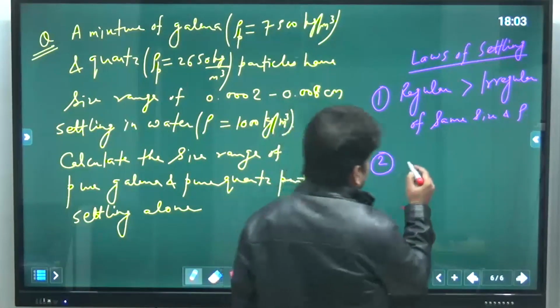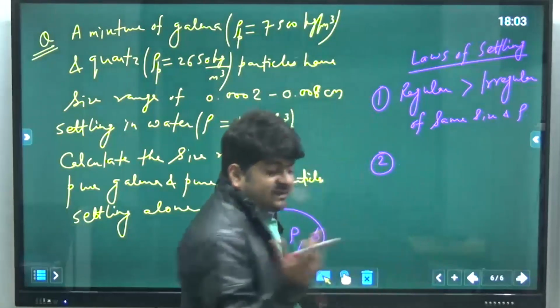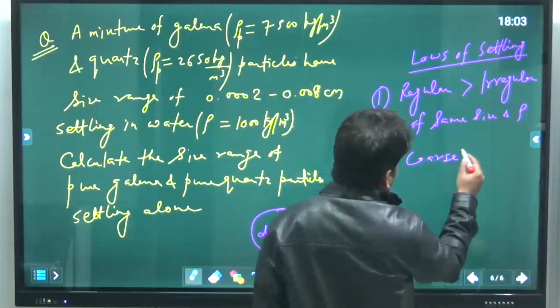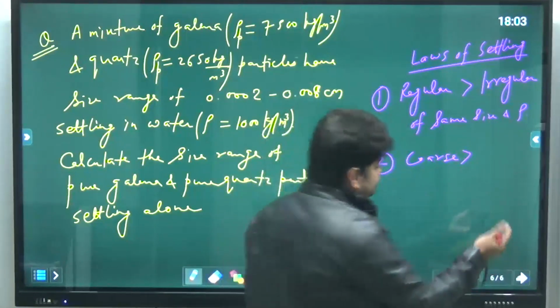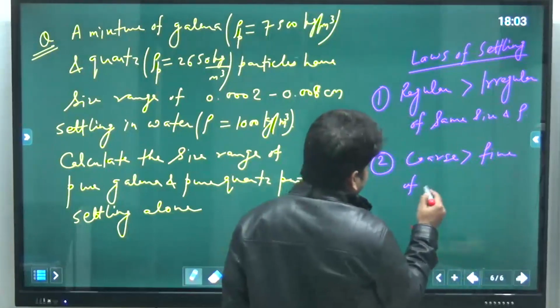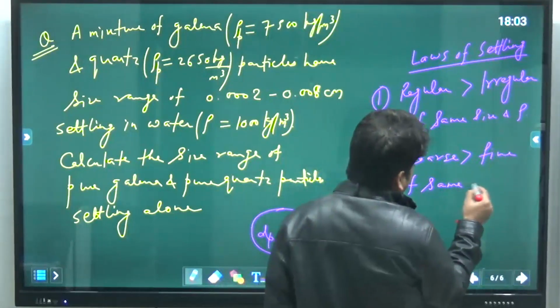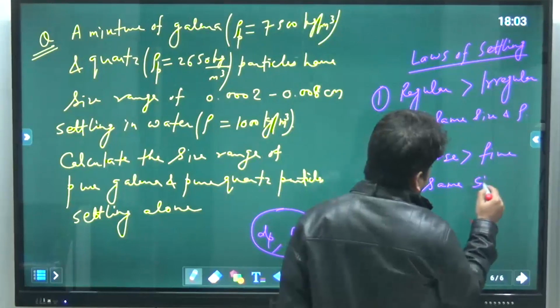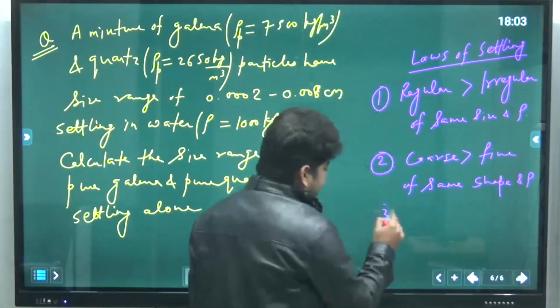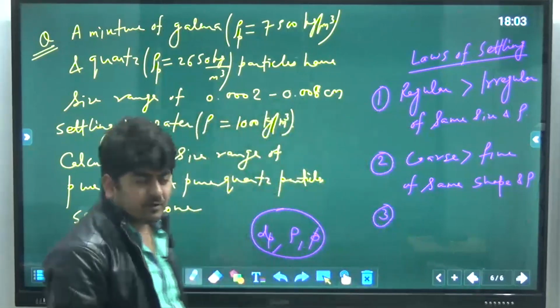Okay, so the second point is that the terminal settling velocity of coarse particles will be relatively faster than the fine size particles of the same shape and density. Sphericity means shape, obviously.